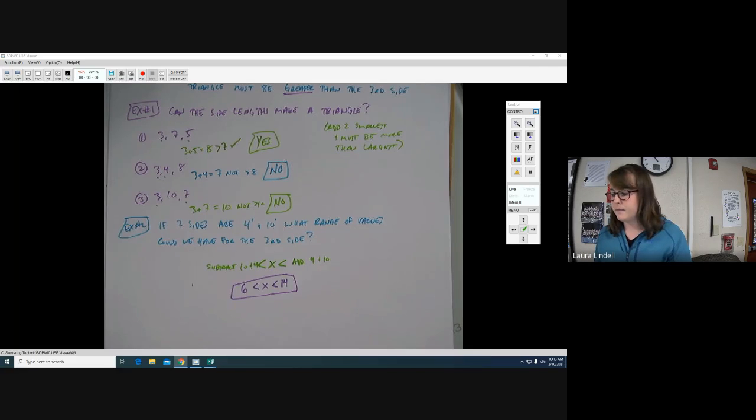If we have 2 of the sides, we can make up a range of values for the third side. So again, we add the values on the bigger end and we subtract the values on the smaller end. Okay, so that's the second kind of question that you'll see.